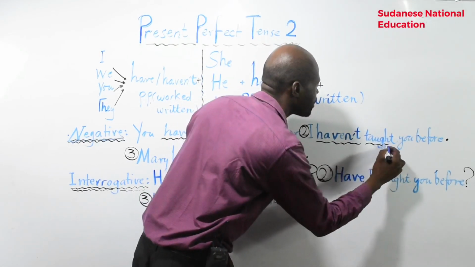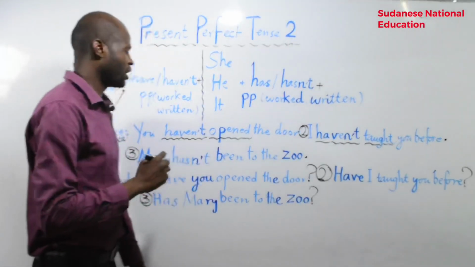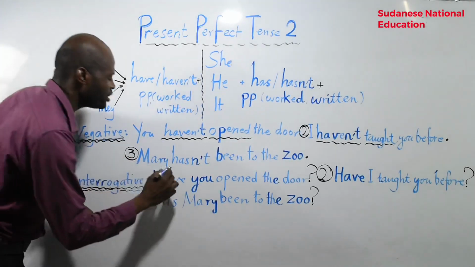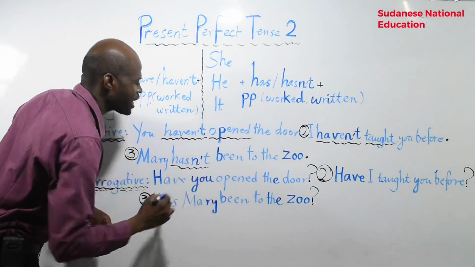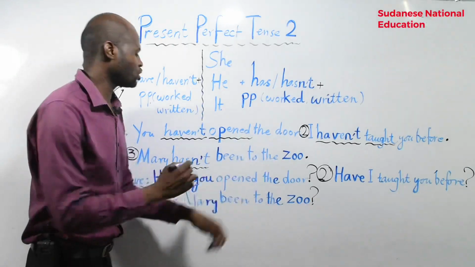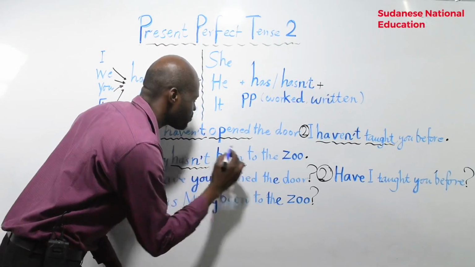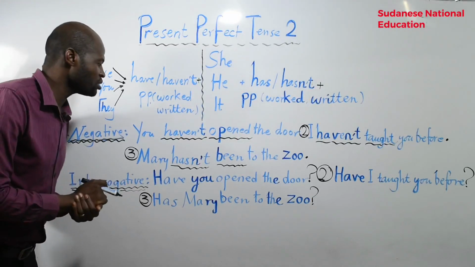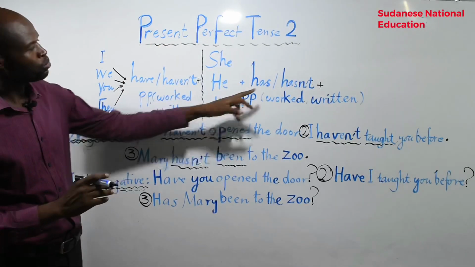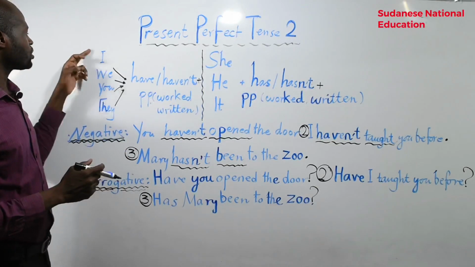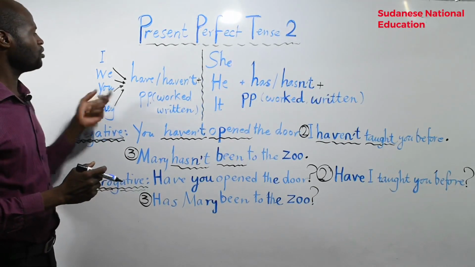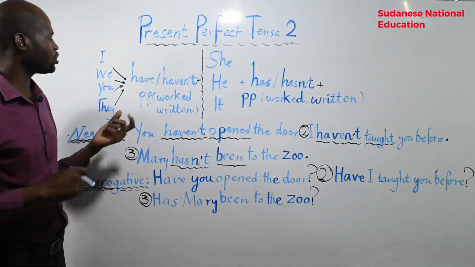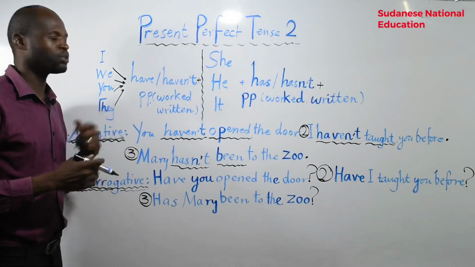Haven't, and then the past participle taught. Number 3, Mary hasn't, or we say has not, been to the zoo. Been is the past participle. This is about the negative sentences. With she, he, and it, we use hasn't. With I, we, you, and they, we use haven't plus the past participle.